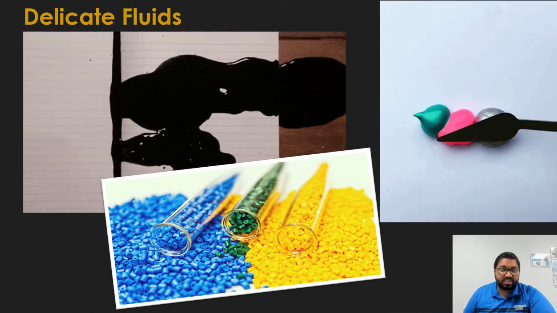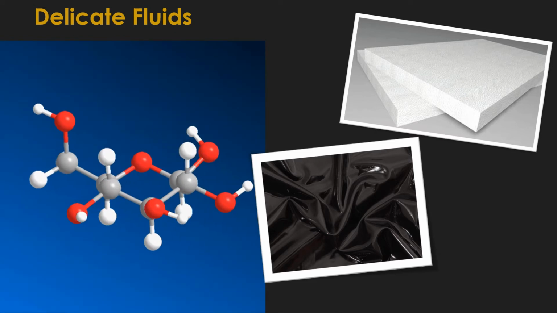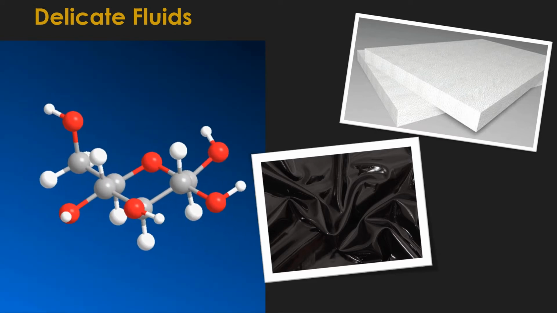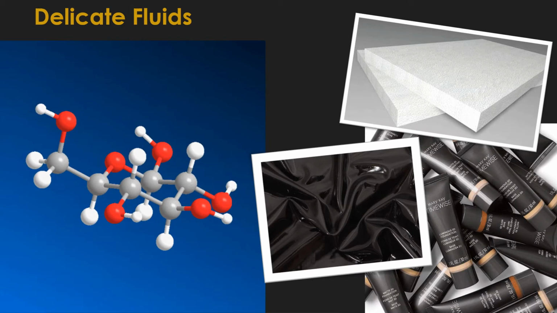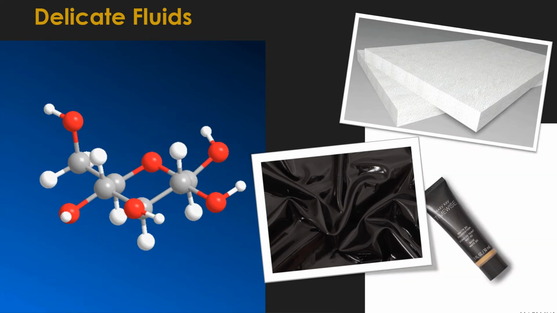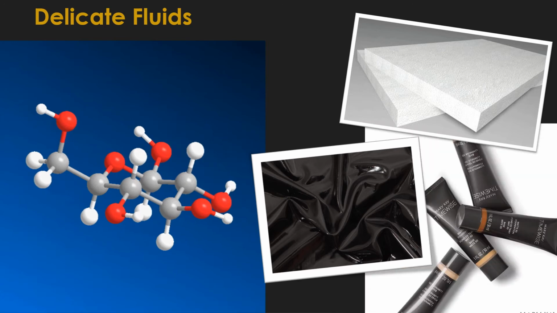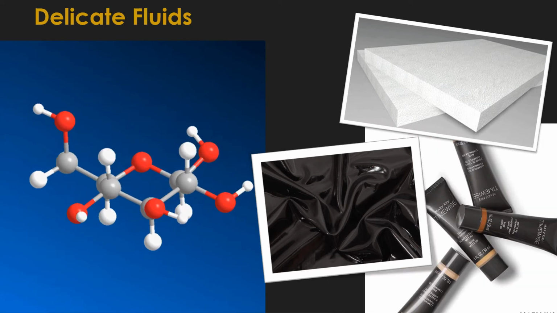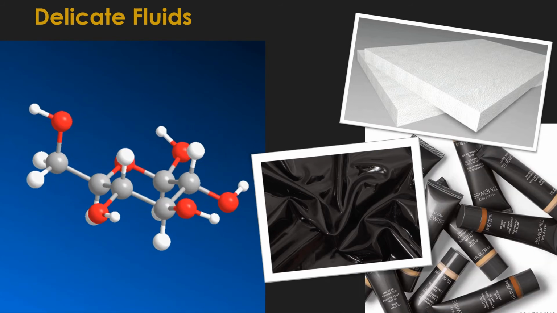Some other examples of delicate fluids are polystyrene, numerous polymers that this pump can handle, cosmetics and health and beauty products, and latex. These are some of the delicate fluids that disc pumps can handle without shearing the component. It doesn't harm the material that is passed through it, nor does it harm the interior casing of the pump.